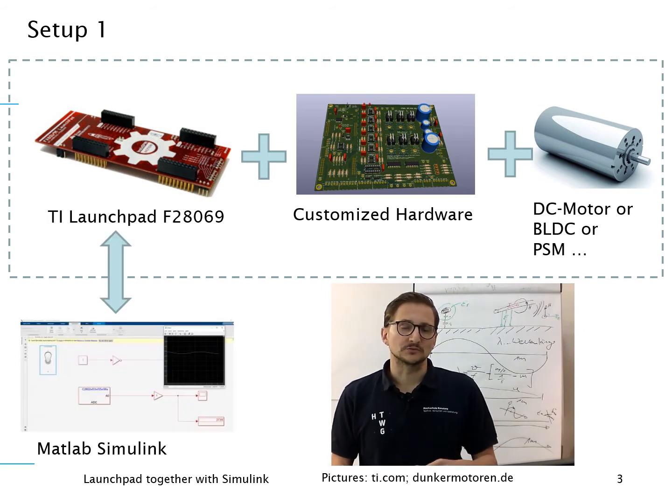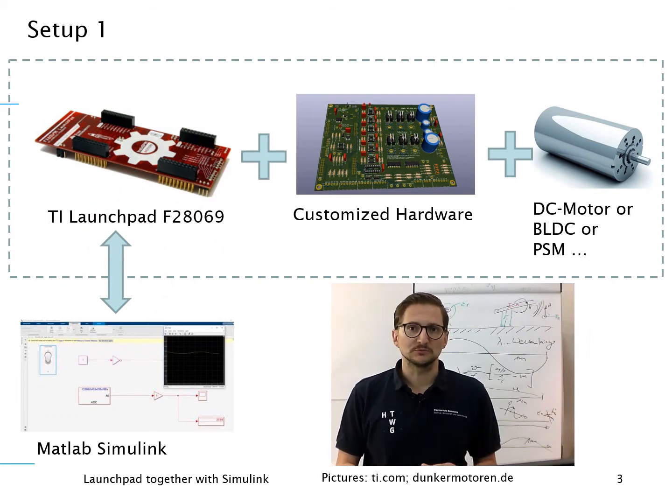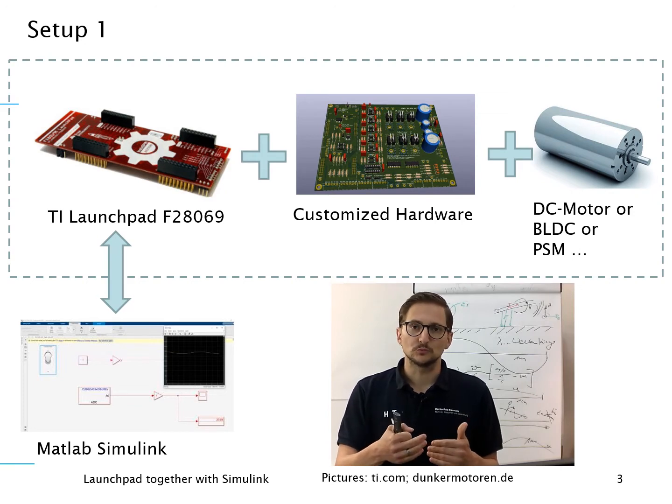Then of course we like to have a communication, not only for programming with Matlab Simulink, and this is done with a serial connection. The Launchpad comes with an FTDI chip which allows a connection speed up to 12 megabit, where we can log parameters or data, for example, analog values or digital values.